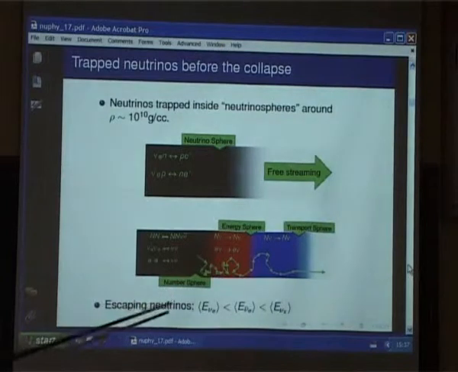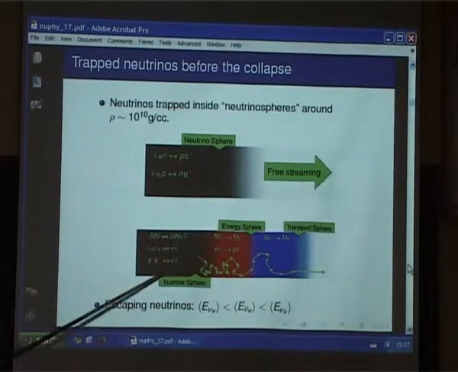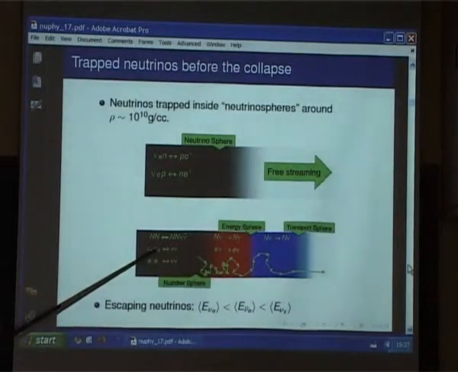Here they don't. So in general, it's easier to calculate the outcoming nu e and nu e bar spectrum. It's very difficult to calculate the nu x spectrum. In fact, we don't have any reliable calculations of the outcoming nu x spectrum.